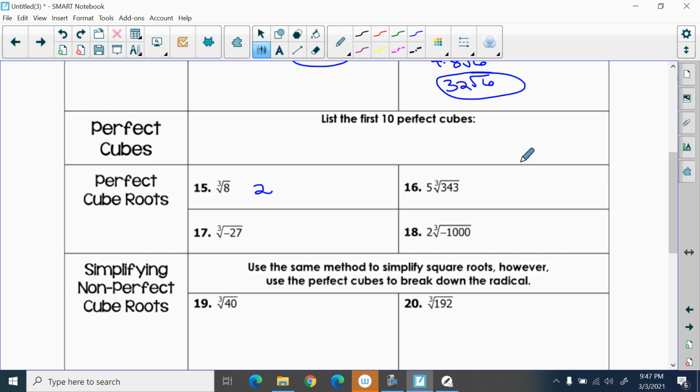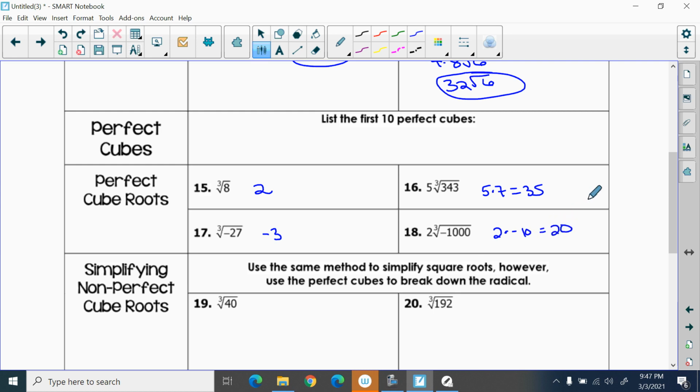So this is going to be 5 times 7, which is 35. Now remember, you can have a negative cube root. So it's either positive or negative. You can't have both. So this is going to be negative 3. Okay. And then this is going to be 2 times negative 10, which is negative 20.